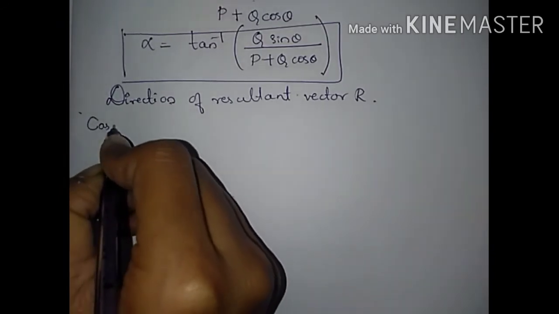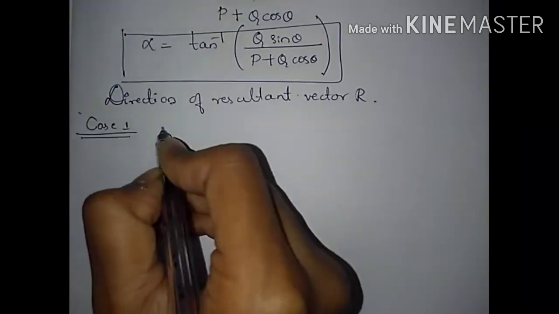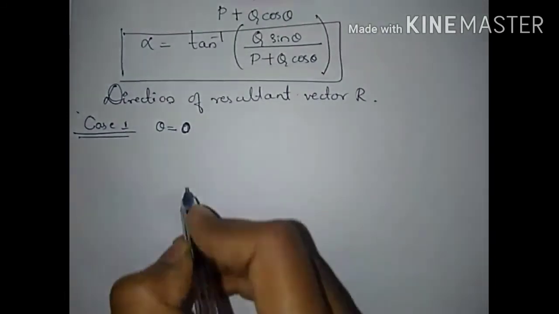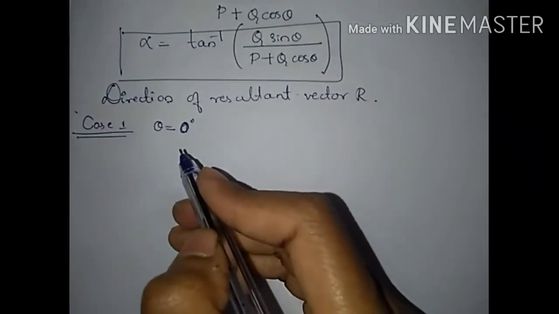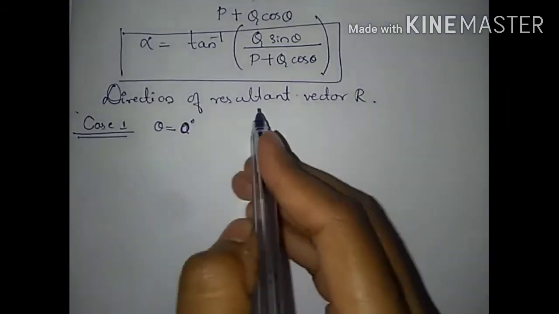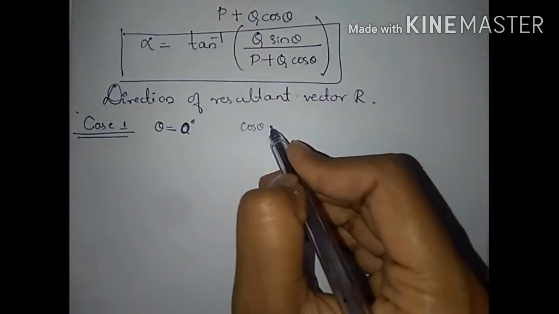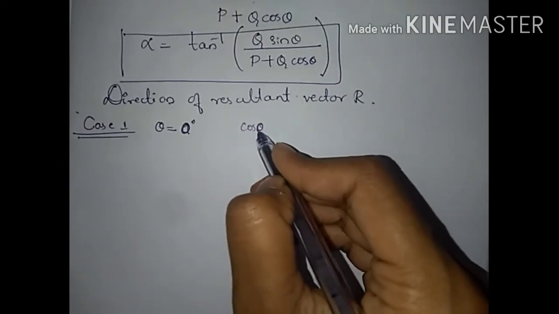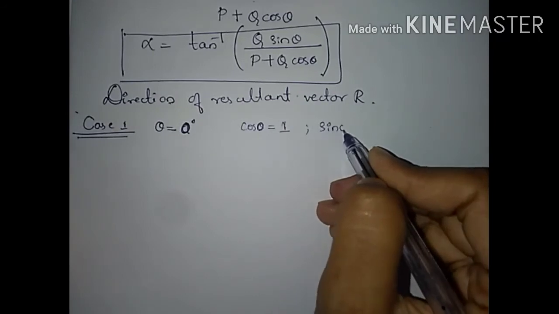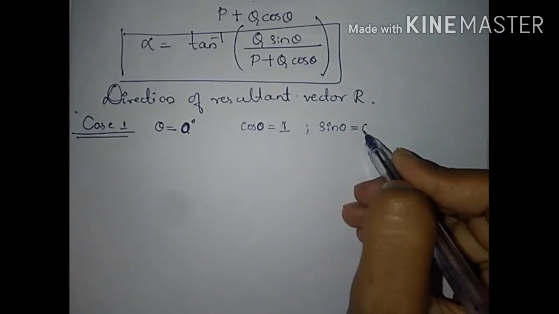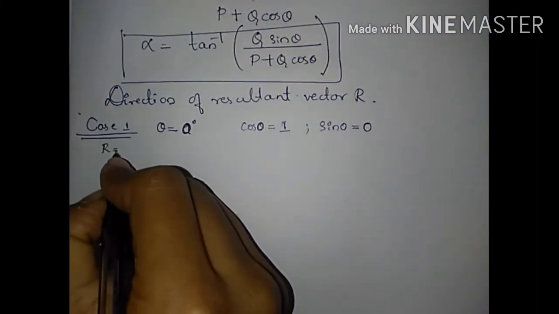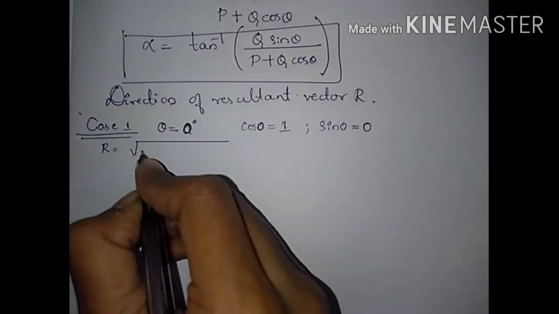Case 1, let us take theta as 0 degrees first. Cos 0 is 1, and sin 0 is 0.